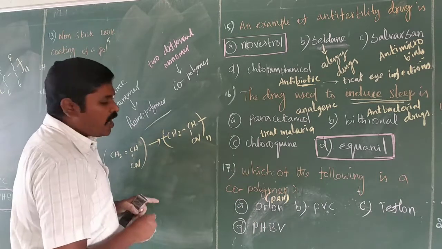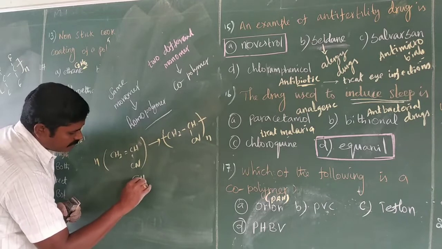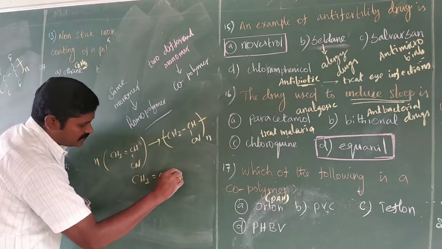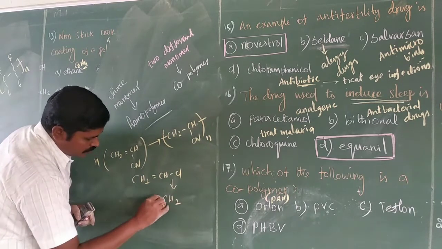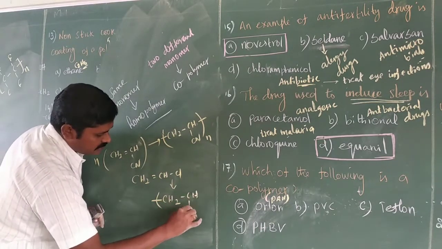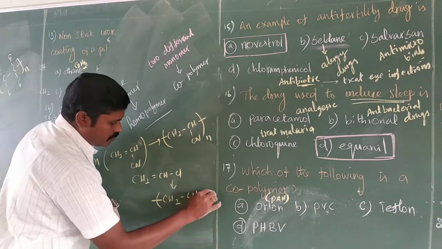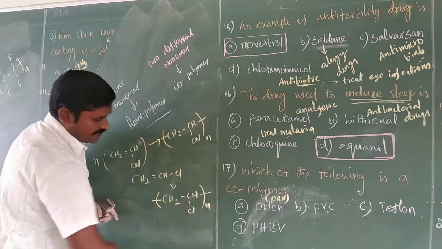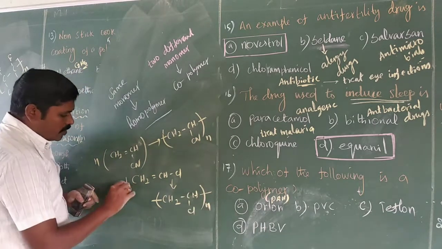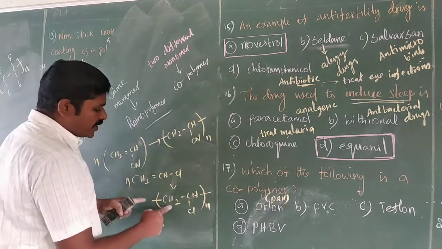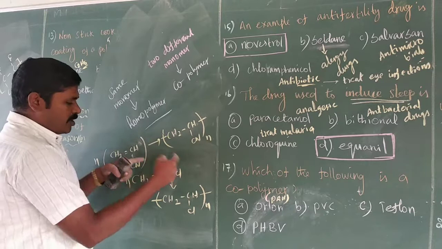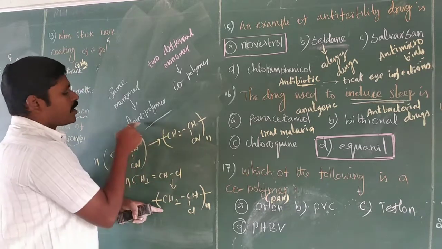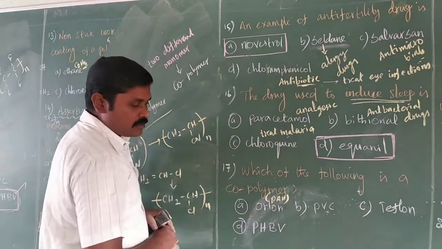PVC, polyvinyl chloride. CH2 double bond CHCl will give CH2-CHCl, right? And n times. So n number of vinyl chloride gives polyvinyl chloride. So monomers give polymer. That polymer is also a homopolymer. Right?